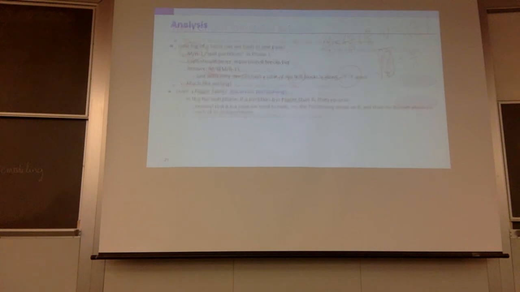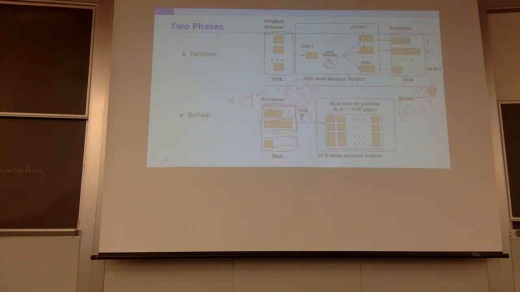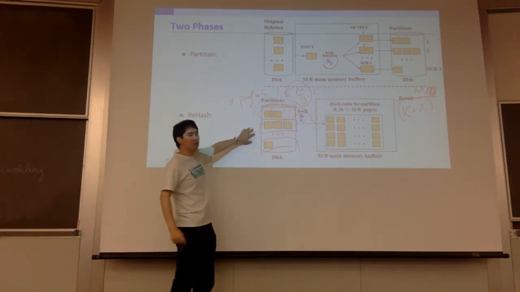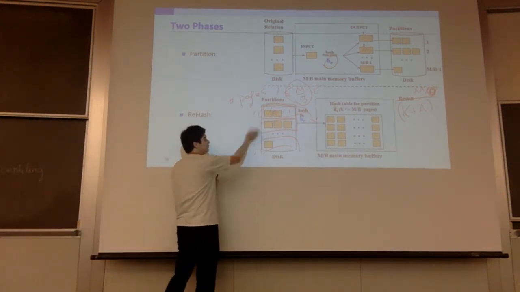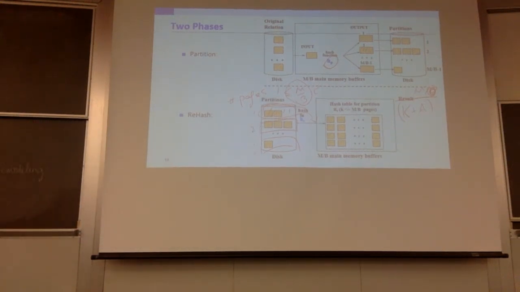So let's go back to this. Suppose, like here, for the second partition, you actually have more than M over B pages. What you can do is apply a second pass to repartition this partition. That's a different hash function than HP.